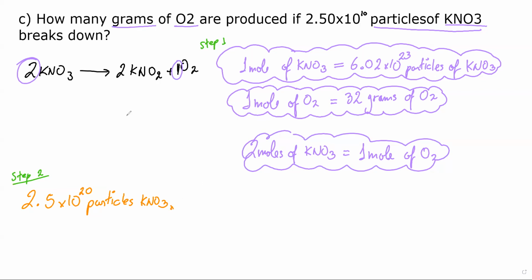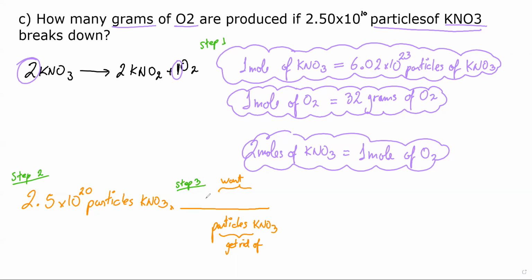So now let's go to step number 3, which is putting the relationships that we found in step number 1. So let's multiply times a fraction. And again, here you put what you want to get rid of, and on the top, you put what you want. What do you want to get rid of? You want to get rid of the particles of KNO3.